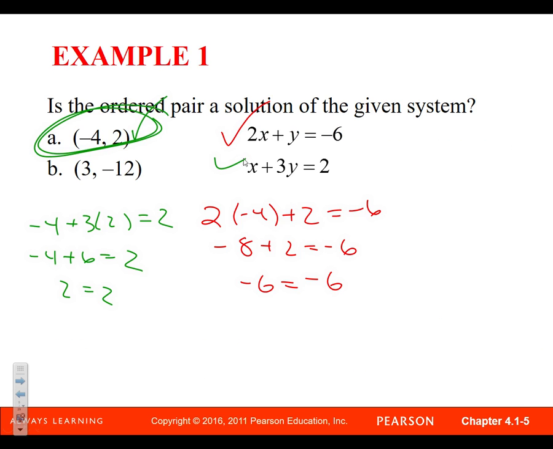So, for this one, the green one is totally good. Let's check. Why don't you check the other point?